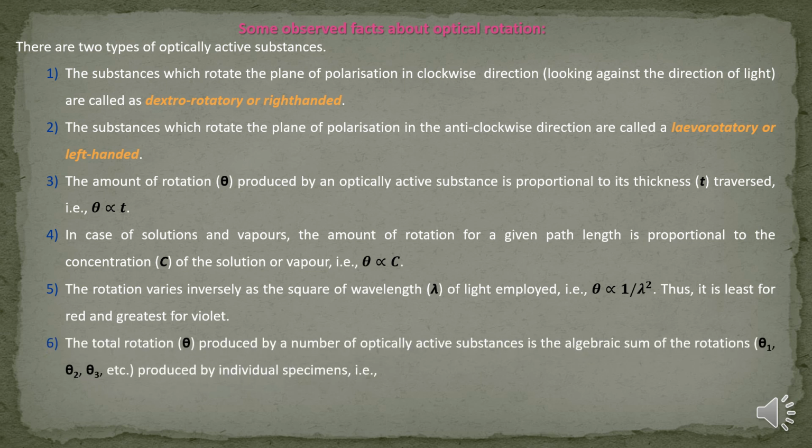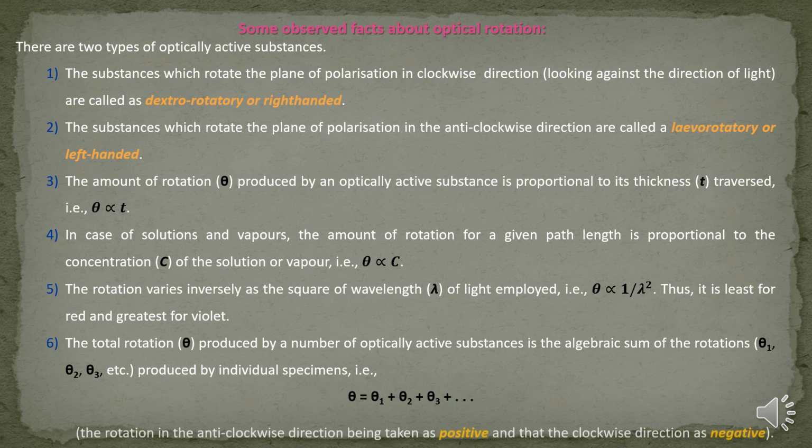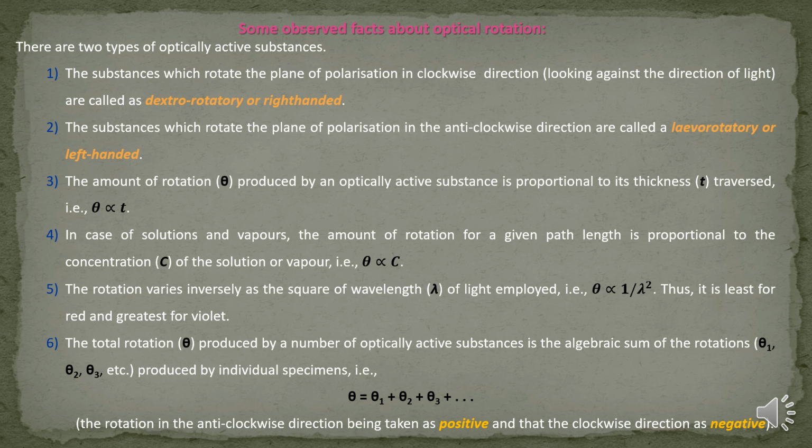The total rotation theta produced by a number of optically active substances is the algebraic sum of the rotations theta 1, theta 2, theta 3, etc. produced by individual specimens, that is, theta is equal to theta 1 plus theta 2 plus theta 3 and so on. The rotation in the anticlockwise direction is taken as positive and the clockwise direction as negative.